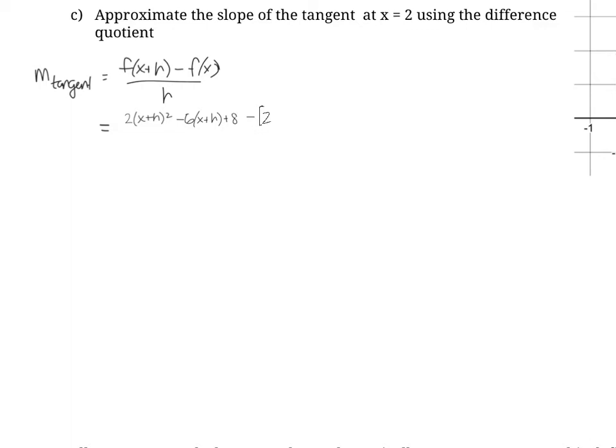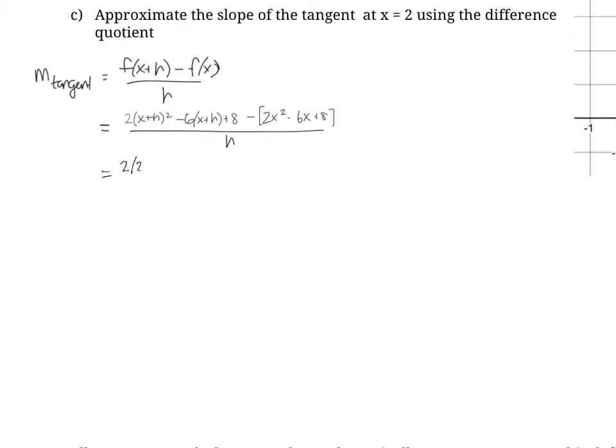I'm going to put that in brackets with a minus, because we're going to have to distribute that negative to all the terms: 2x squared minus 6x plus 8. And don't forget that this is all over h. Okay, so before we continue simplifying this, an easier thing to do, since we know we're looking for the tangent at x equals 2, is to just plug in 2 right now for x.